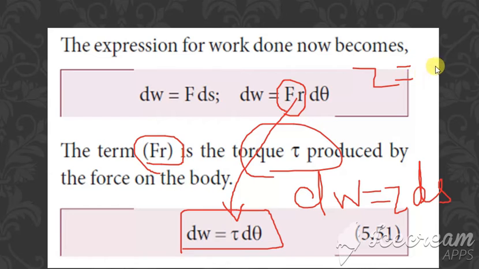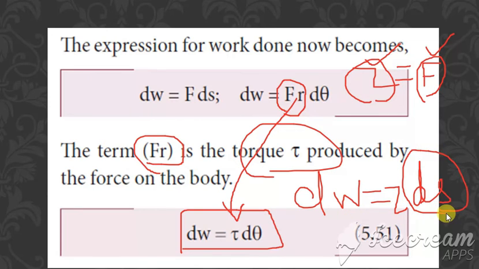What did we say? Force, we said, because this is in rotation, this is in linear motion. So in rotation it is tau, in linear motion it is force. So this is the displacement. Since it is linear displacement it is ds, and if you are considering the angular, that is equal to d theta.